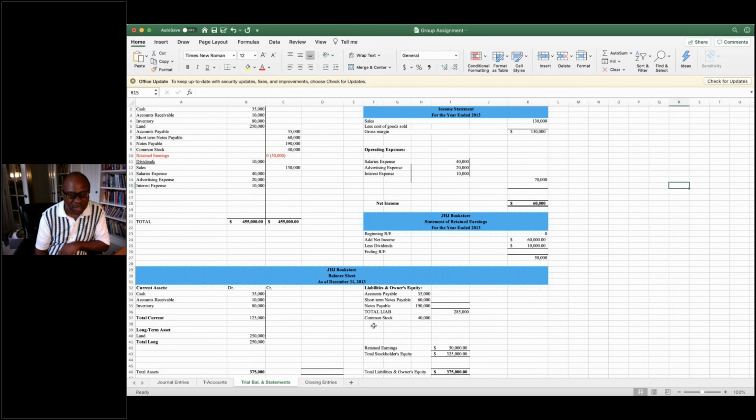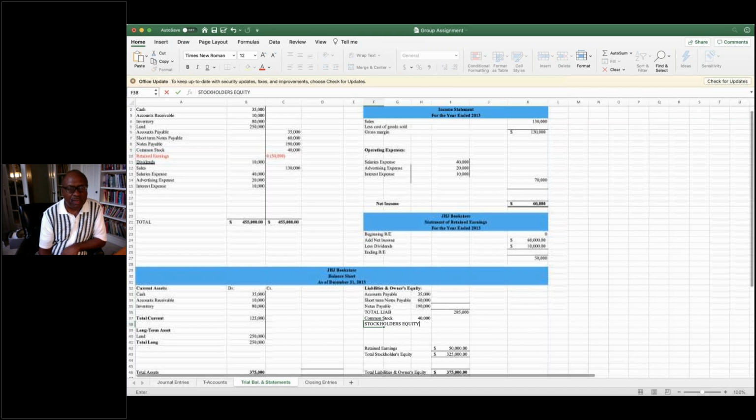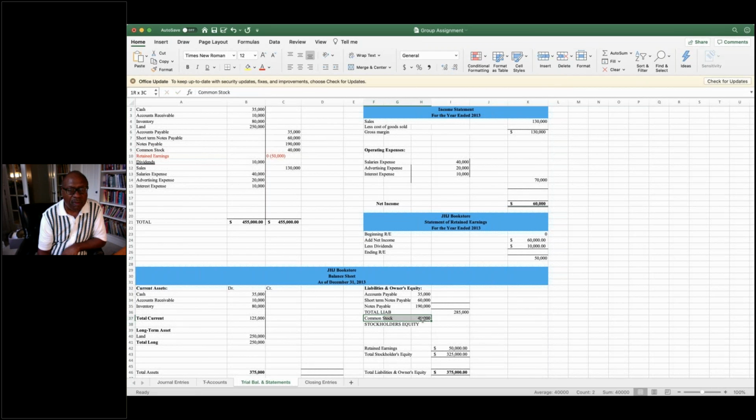So now we'll get to stockholders' equity. We're going to put that down here.